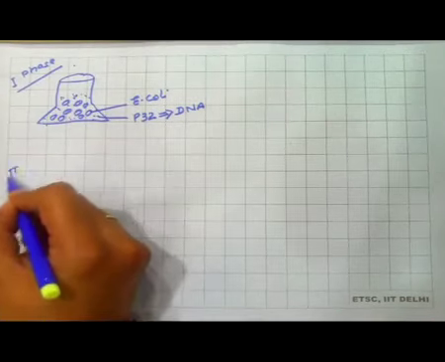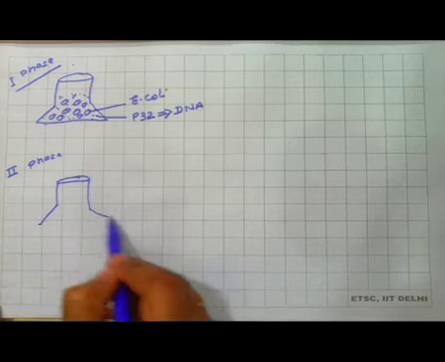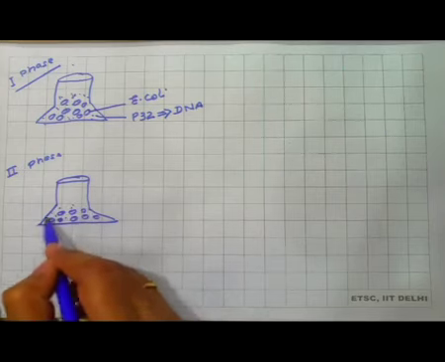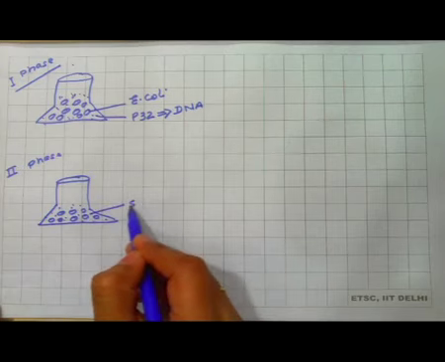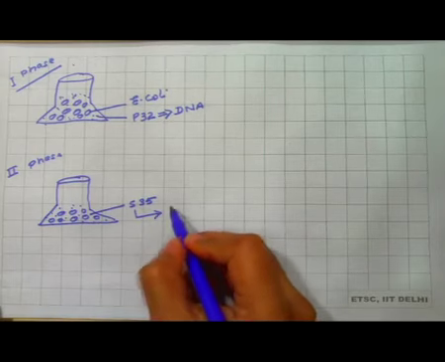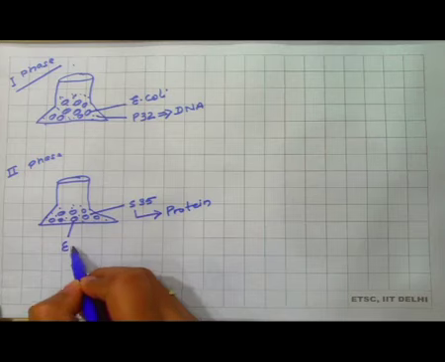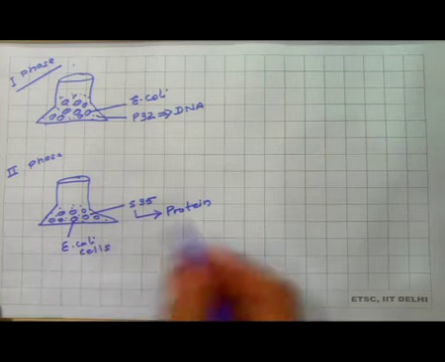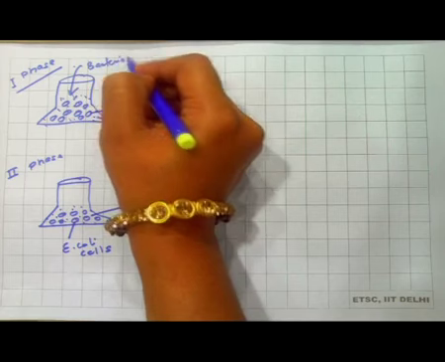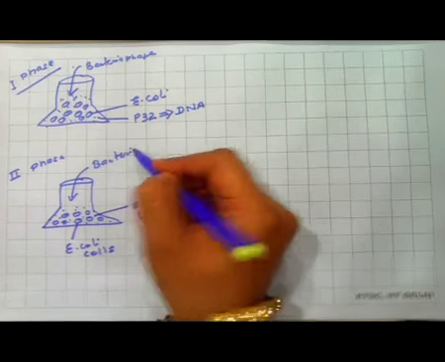In the second phase, they took E. coli cells in the culture medium, and in this medium they used S35 as the radioactive atom, and S35 is a part of the protein. These are the E. coli cells. So, after growing the bacteriophages inside the E. coli cells, they also transferred the bacteriophages into the second phase colonies of the bacteria.